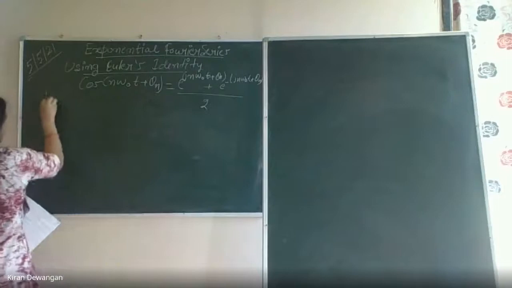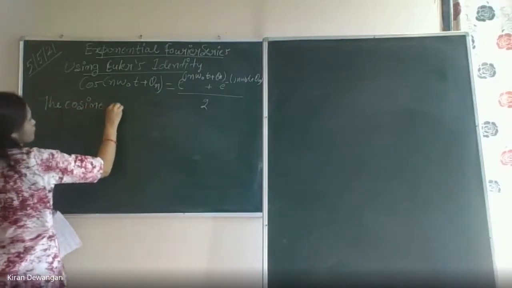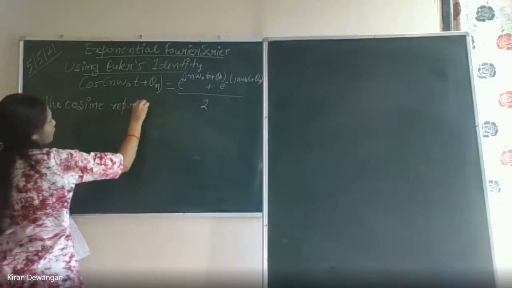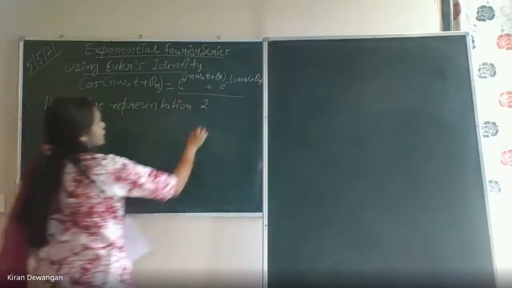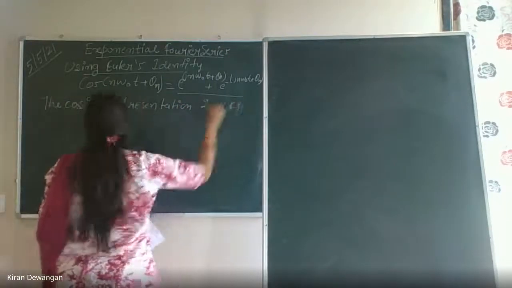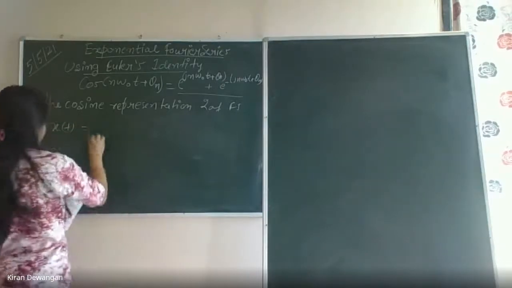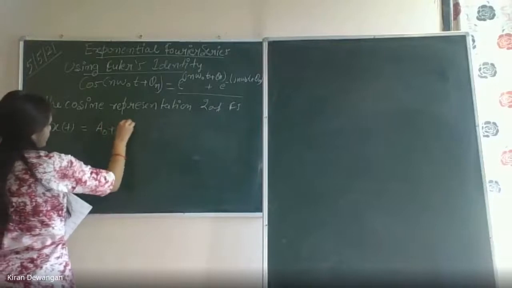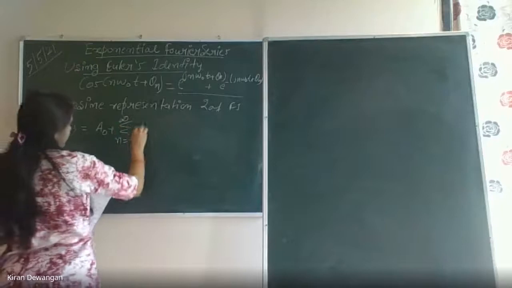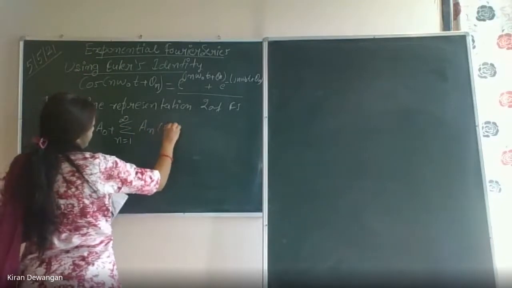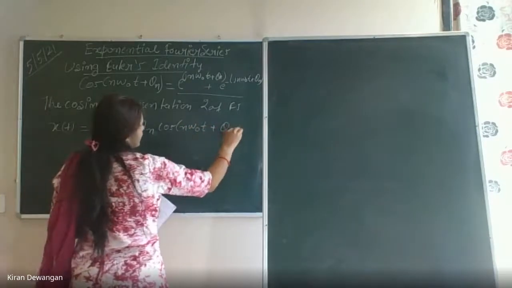Now the cosine representation of Fourier series. How do we represent? In cosine form, x of t is written as a naught plus summation n equals 1 to infinity A n cos of n omega naught t plus theta n.